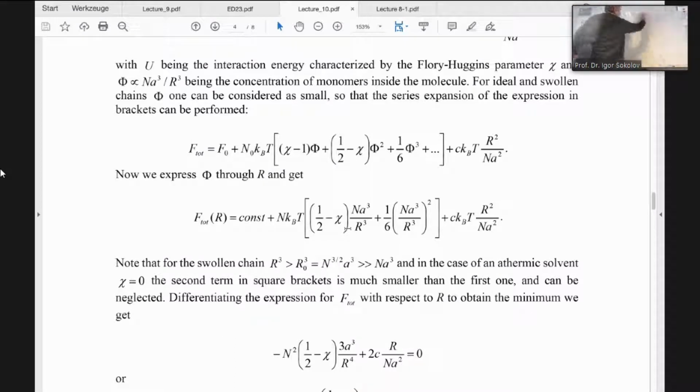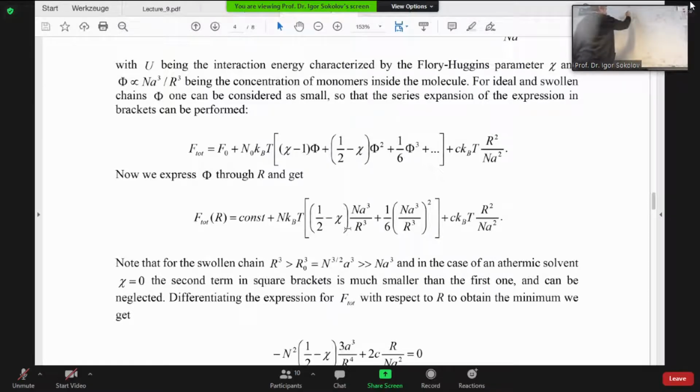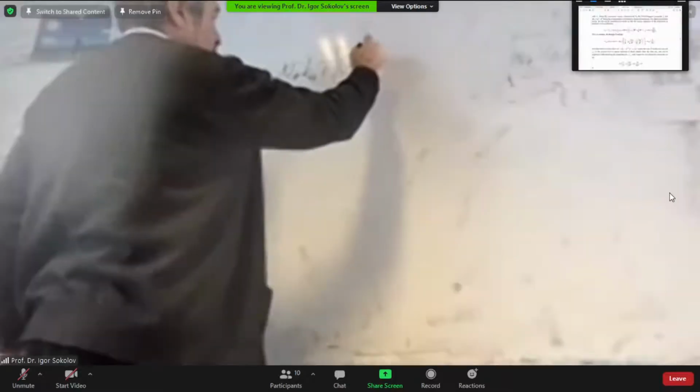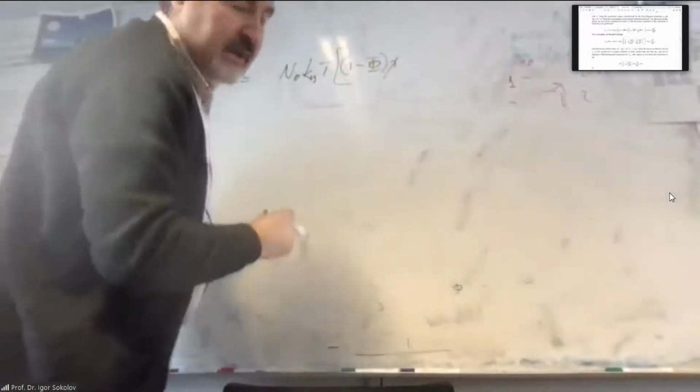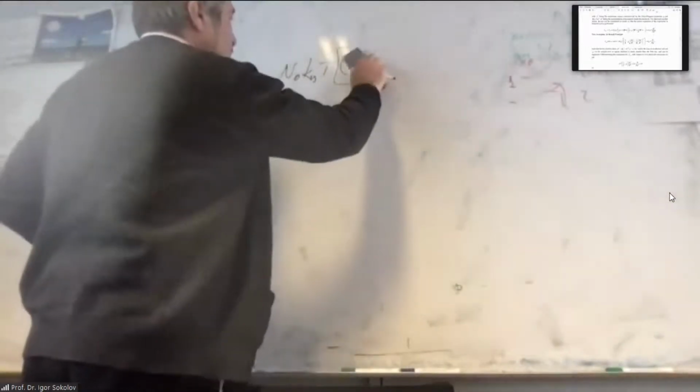So what I had was f is equal to something. I neglect this something, n0 kBT, and then I had 1 minus phi times the logarithm of 1 minus phi. So I simply copy the formula.